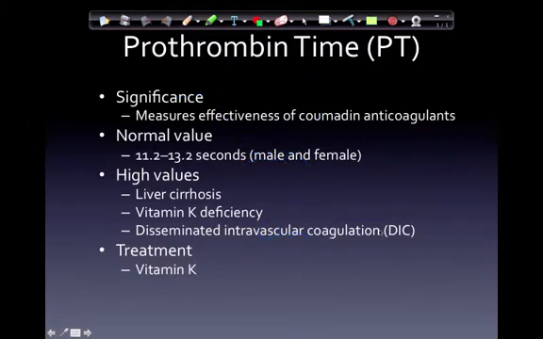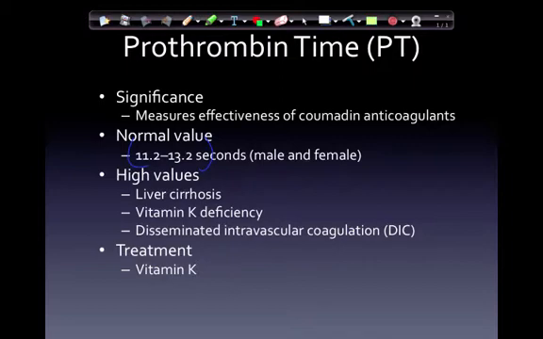Alright, so prothrombin time, or PT. Significance of this measures the effectiveness of Coumadin and anticoagulants. And what prothrombin time does is it is measured in seconds here. I'll read you a little bit of my notes here. Prothrombin time is a measure of the integrity of the extrinsic and final common pathways of the coagulation cascade.